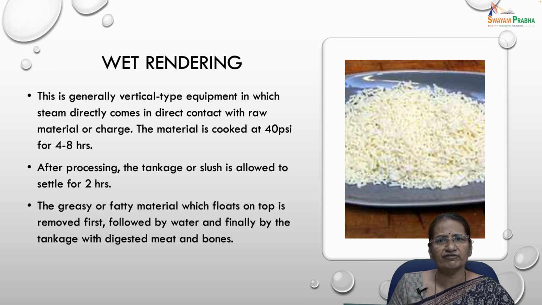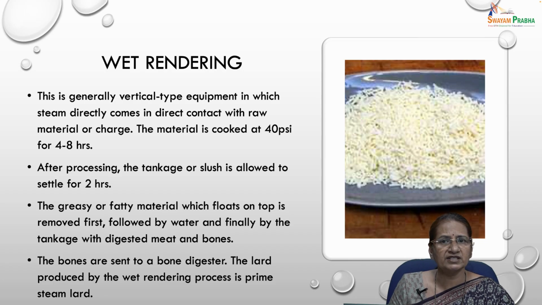The greasy or fatty material which floats on top is removed first, followed by water and finally by tankage with digested meat and bones. The bones are sent to the bone digester. The lard produced by the wet rendering process is prime steam lard. Advantages: recovery of fat is better.